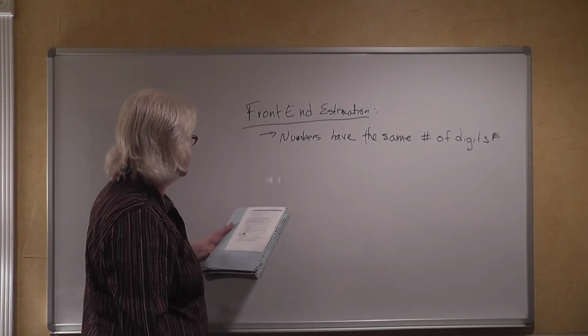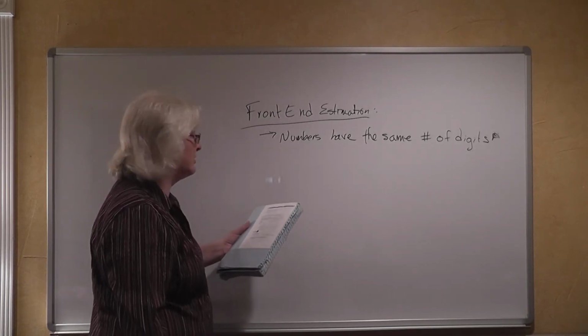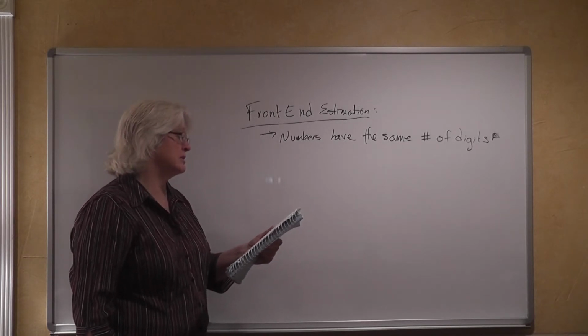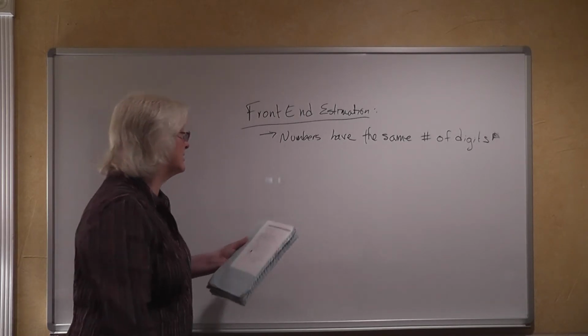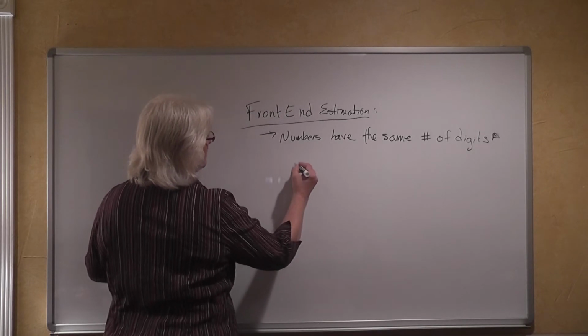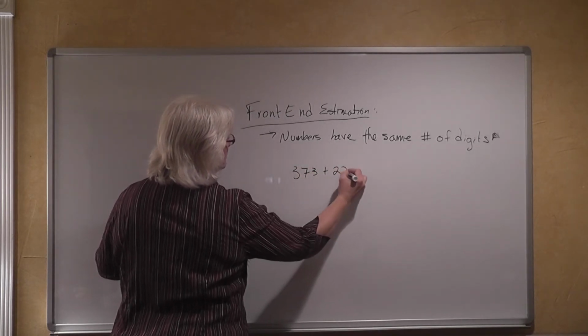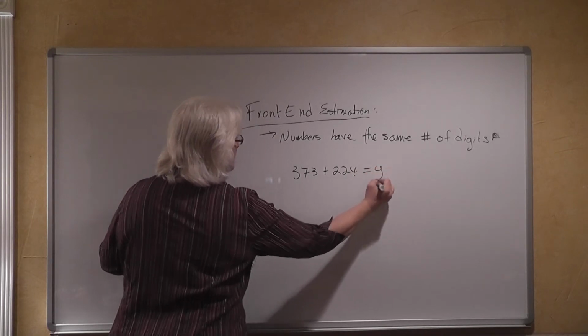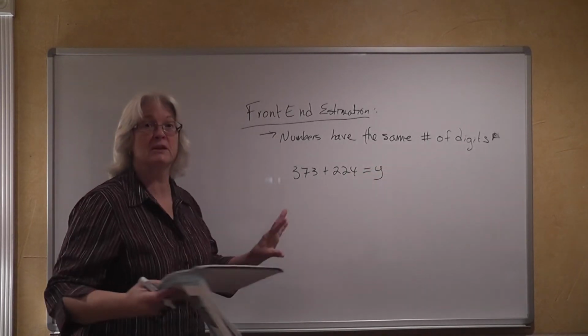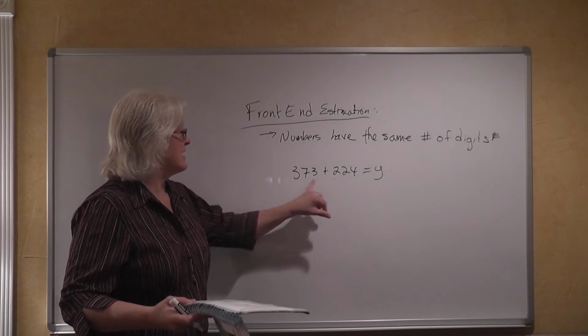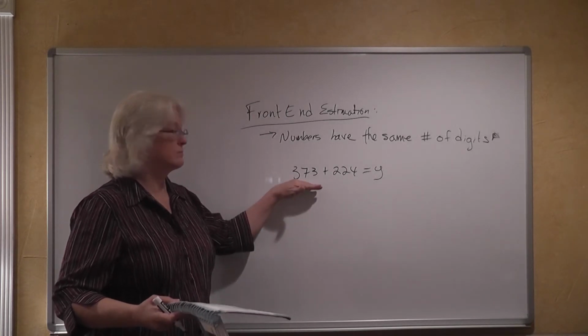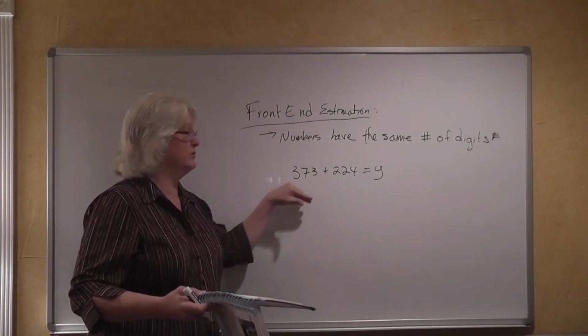Our example 3 says, estimate the value of the variable using front-end estimation. 373 plus 224 is equal to y. The first thing that it tells you to do is add or subtract the first digits. Well, first we notice that these are both hundreds.